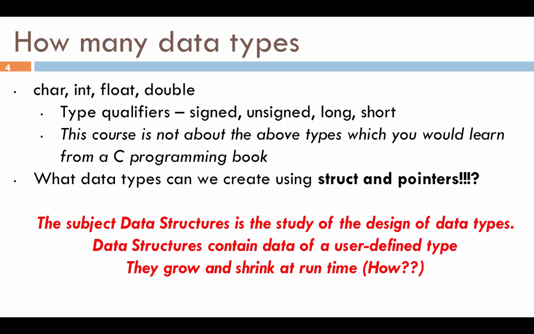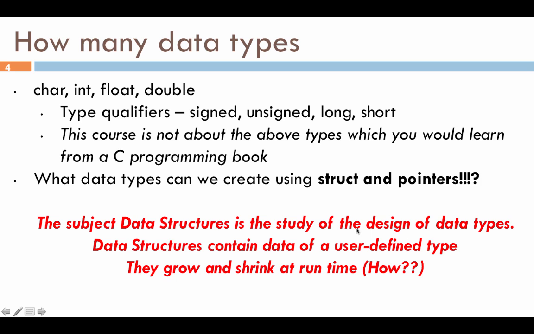Now, what is physically a data structure? Observe that the previous statement was about the subject data structures that you study. Now you can ask, what is a data structure? To define a data structure, I will say what a data structure contains. A data structure contains data. Now, what kind of data? Data of different types, and in particular, I will say data of a user-defined data type.